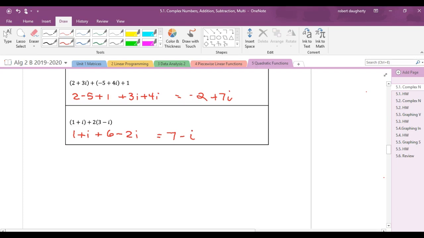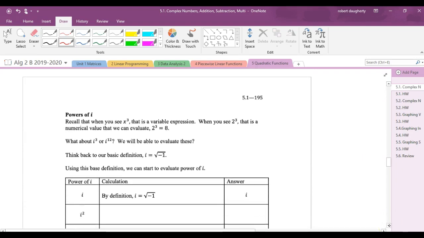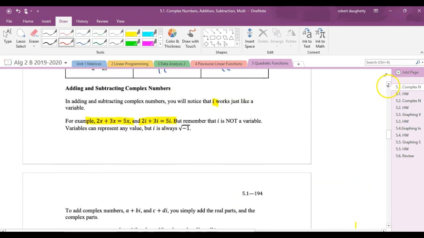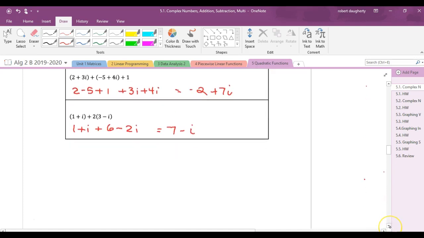So that's adding. How much harder do you think it'd be to subtract? Well, let me just do one. The only thing you have to be careful with subtracting is the distributing out. So, for example, if I had 1 minus 6i minus 2 minus 4i. If I had something like this, what is 1 minus 2?